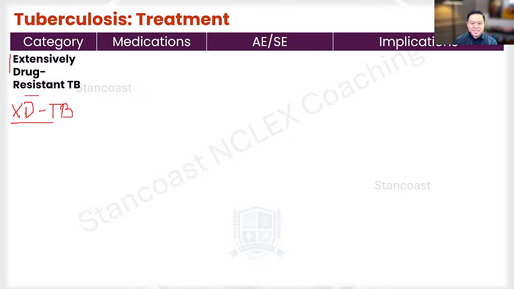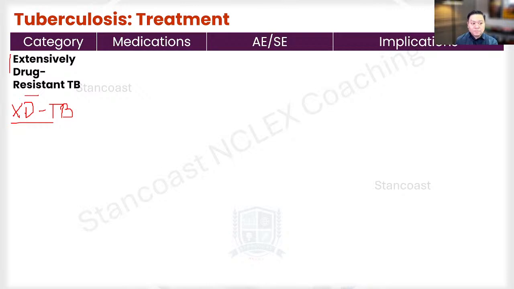The XDTB type of infection? So this is a severe form of tuberculosis infection because the bacteria around this time is much more resistant to even the more powerful medications that we had mentioned, including the isoniazid, the rifampin, the quinolones, the injectable medications.